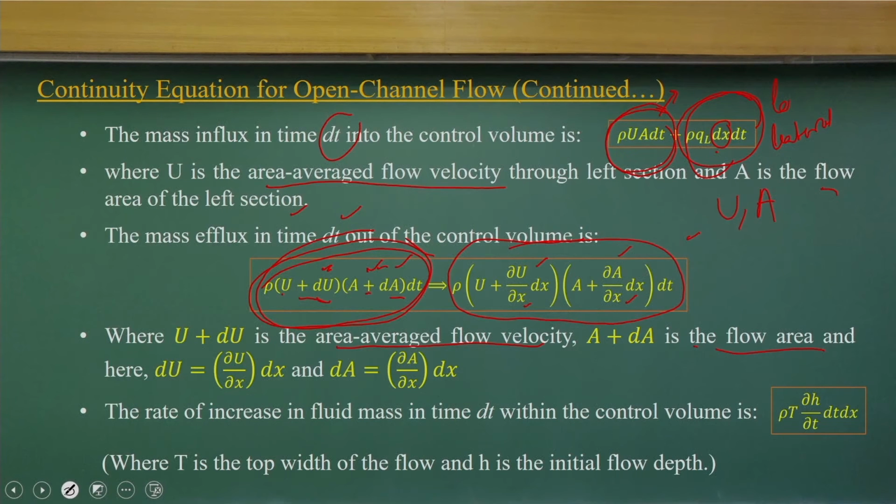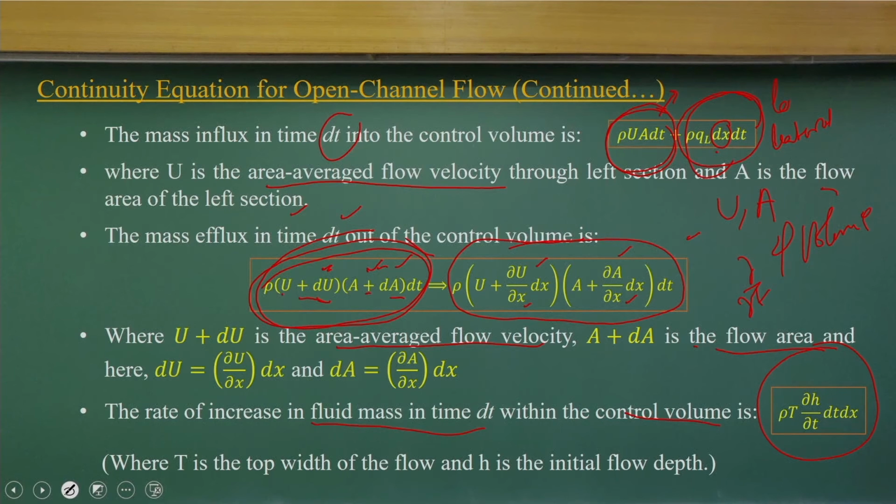Now, if you look at the net increase of the fluid mass within this control volume, that will be rho into the volume, divided by delta t. That is the rate of change of the mass with respect to time, rho into volume.